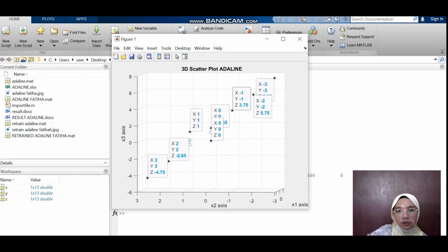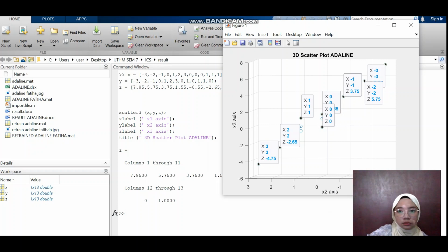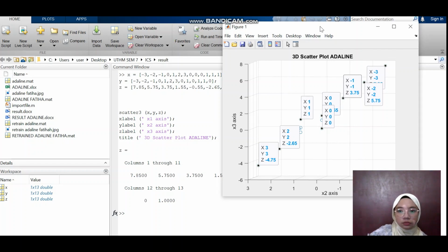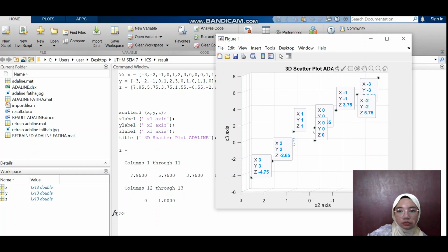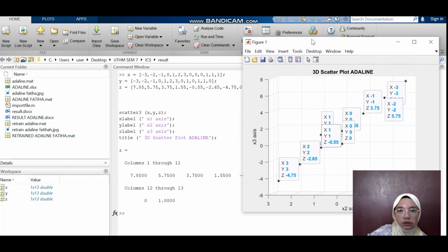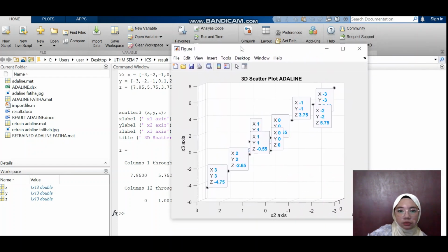We can see that the class A line, and we can see 7.85, 2.55, 0.7, 0.75.